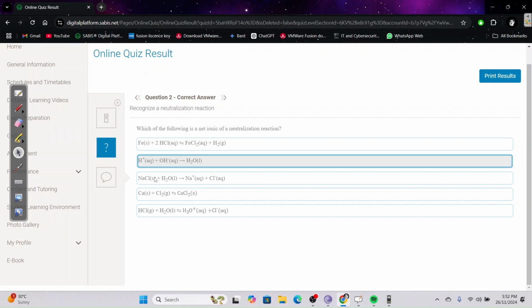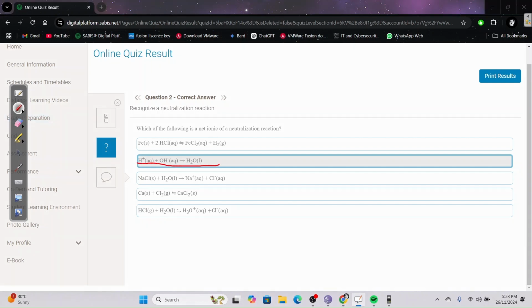Same thing here, this is water, not an acid or a base. Though we have an ACl, which also isn't an acid or a base. Ca and Cl2, no acid or base here. And here you have HCl and H2O. Now HCl is an acid, but H2O isn't a base, so it's not neutralization. So that leaves our only option with H plus and OH minus gives H2O.